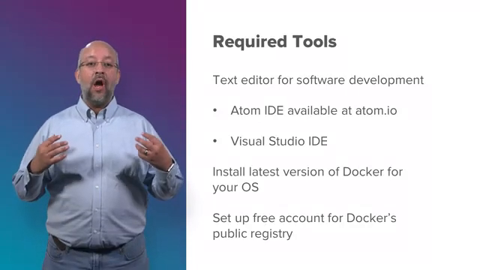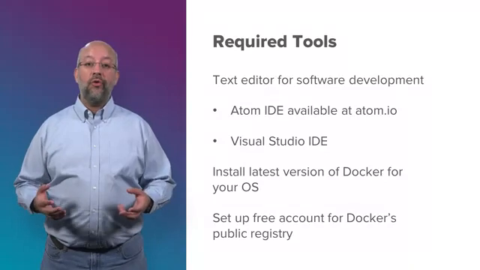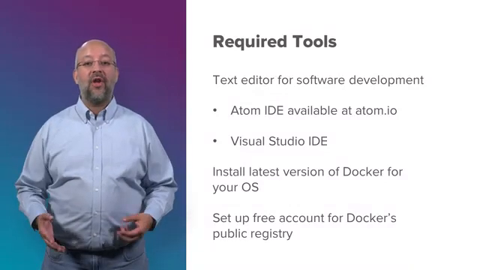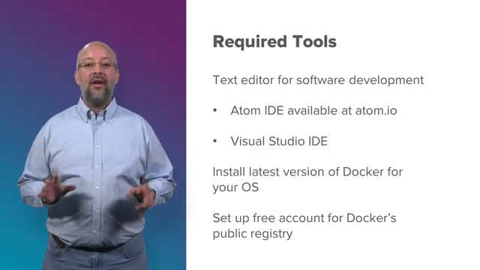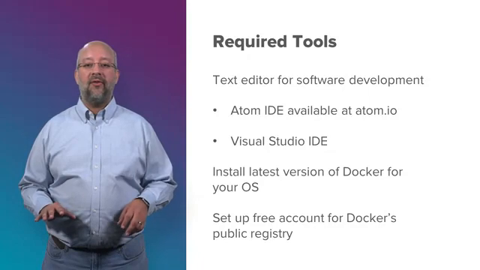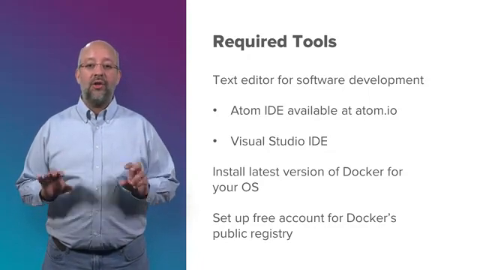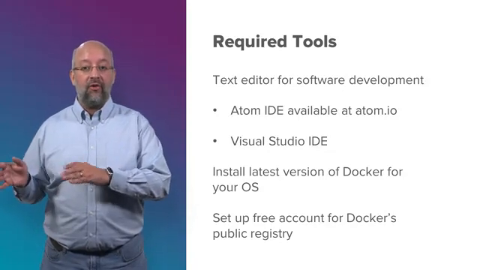As a developer, you should also have access to a text editor for software development, such as the Atom IDE available at atom.io, or Visual Studio IDE available at visualstudio.microsoft.com. You will also want to install the latest version of Docker for your operating system available at docs.docker.com/install.